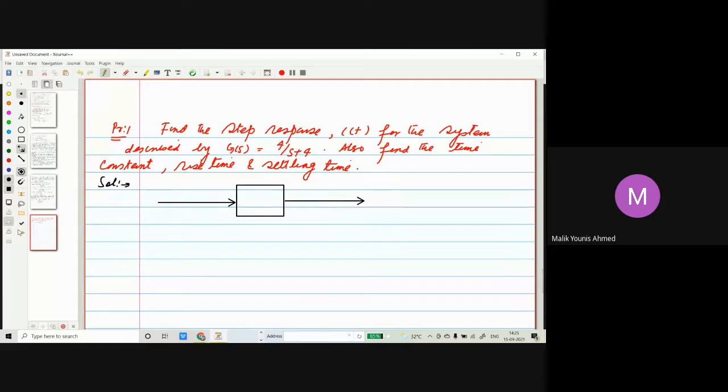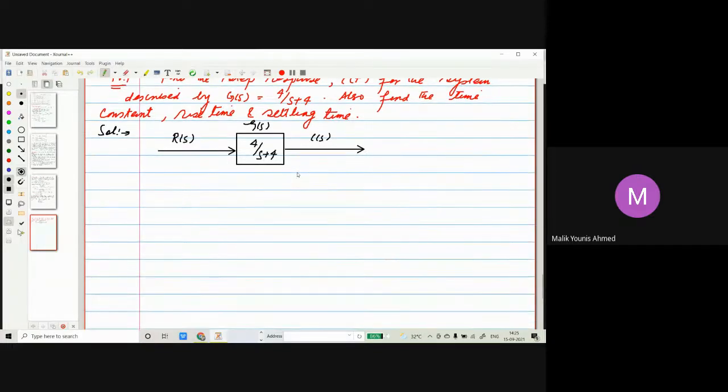Okay, so what we have is the step response. That means clearly we have a step input R of S, then we have 4 divided by S plus 4 as the transfer function G of S. Then we have to find the response, and in that we have to find the time constant and other things.